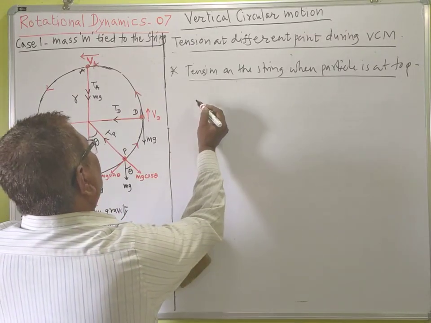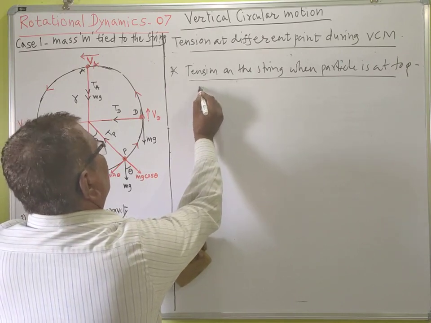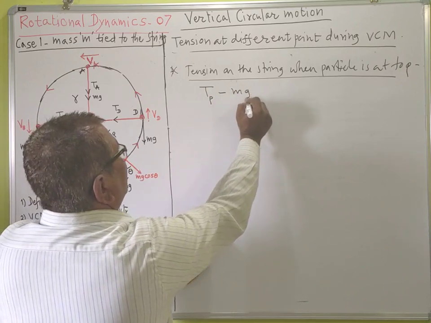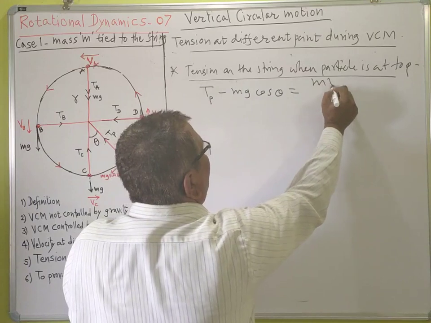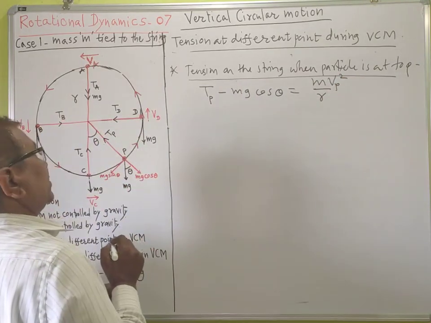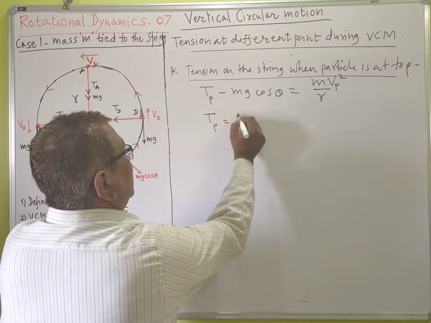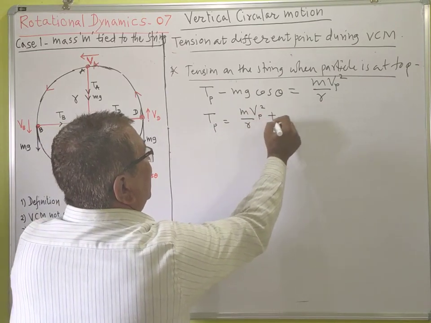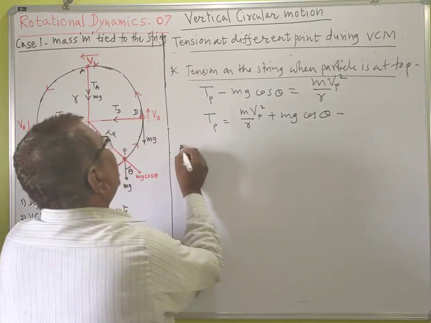What is our general equation? This is our general equation: Tp minus mg cos theta is equal to mvp square upon r. So we get Tp is equal to mvp square upon r plus mg cos theta. Okay.